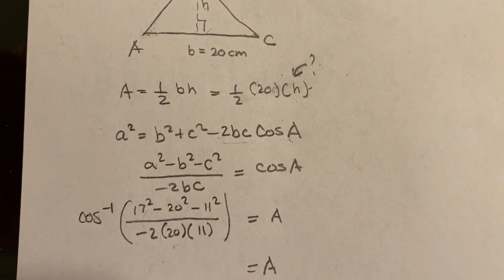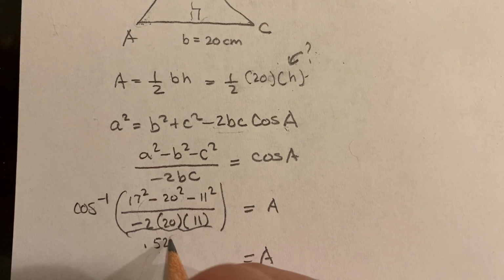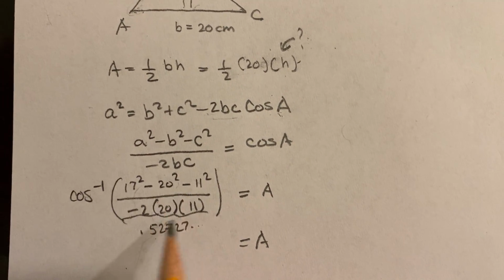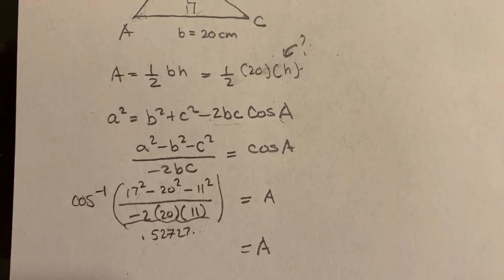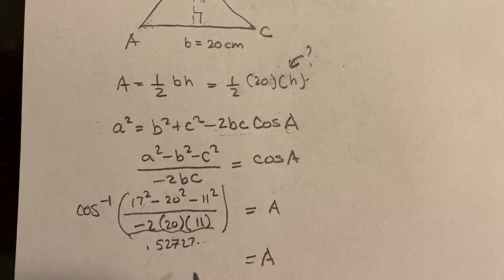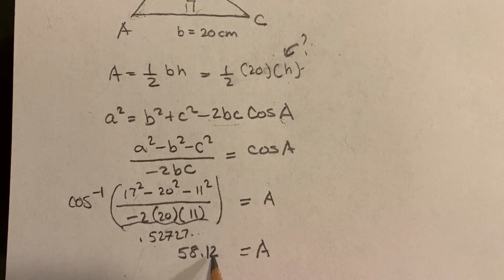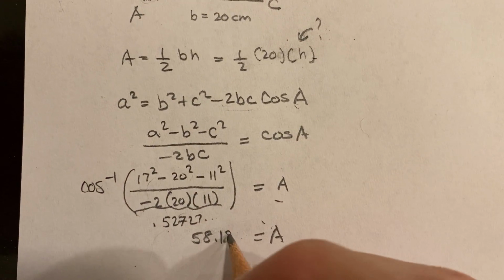I believe it's 0.527. So if you were to enter this, this is about 0.52727 dot, dot, dot. If you can't enter all this in one line, just take it one step at a time. So if you take the cosine inverse of this number, you're going to get 58.17. I'm going to round to the nearest hundredth. Let's call it 58.18 degrees.